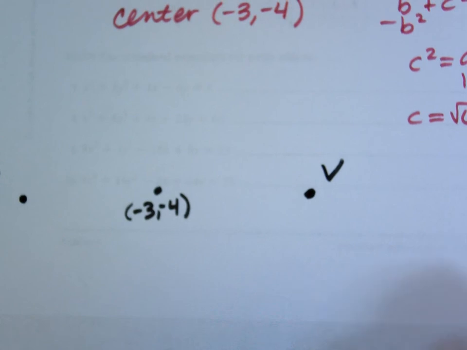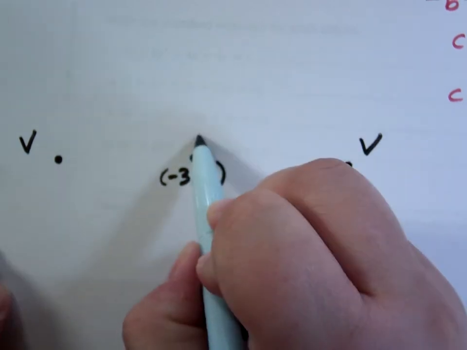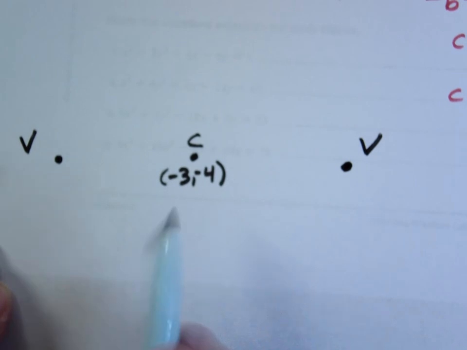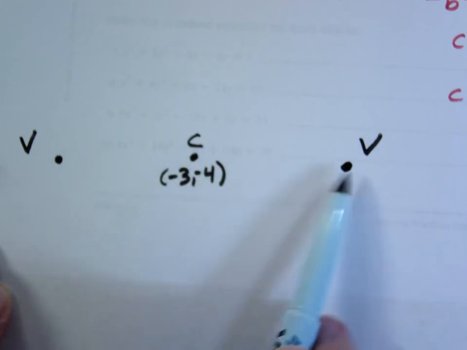If I'm going left and right, I have to decide whether the x value or the y value is changing. Only one of them changes. Hopefully you got that, which is the x value changes. I'm going to the left and to the right. So I'm going to write C for center. So that means I'm going to go however far a is this direction and however far a is this direction.